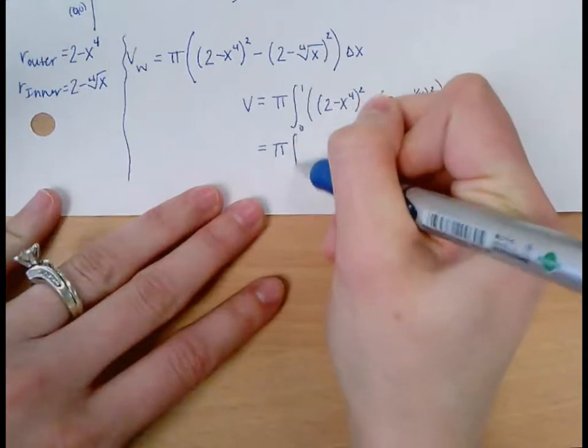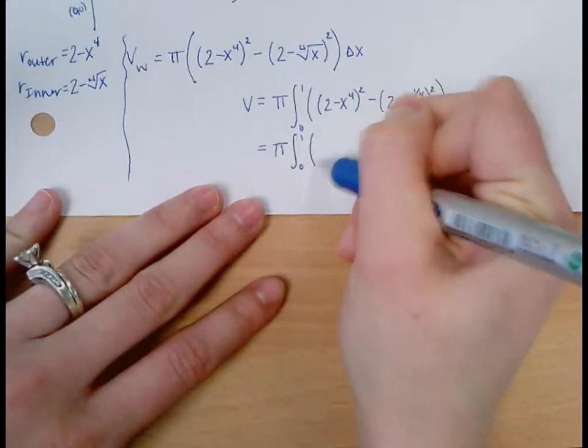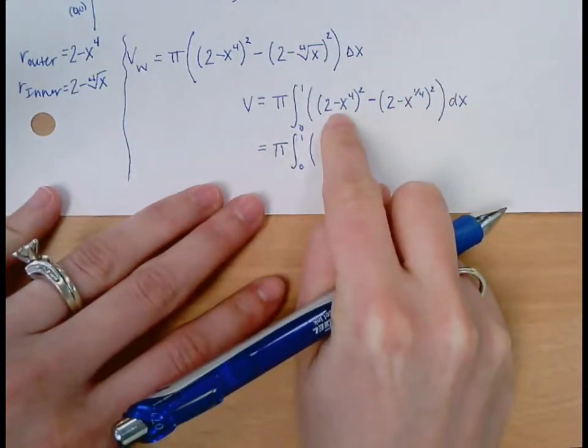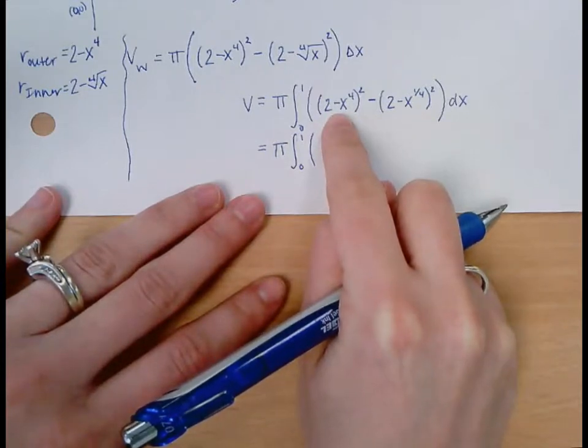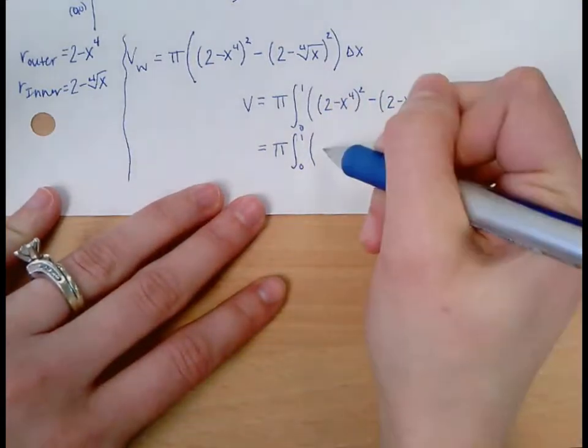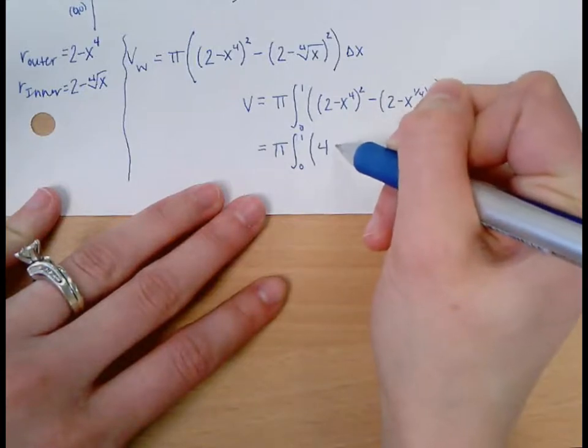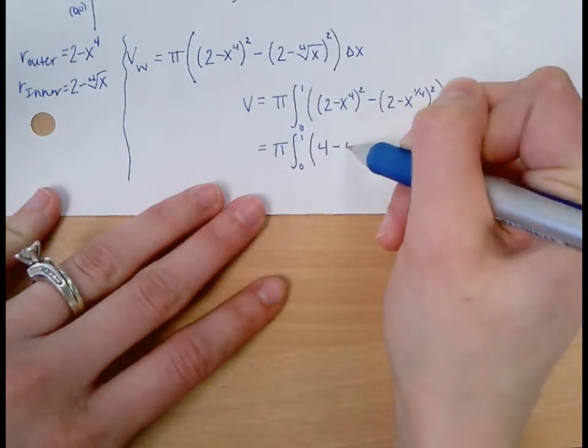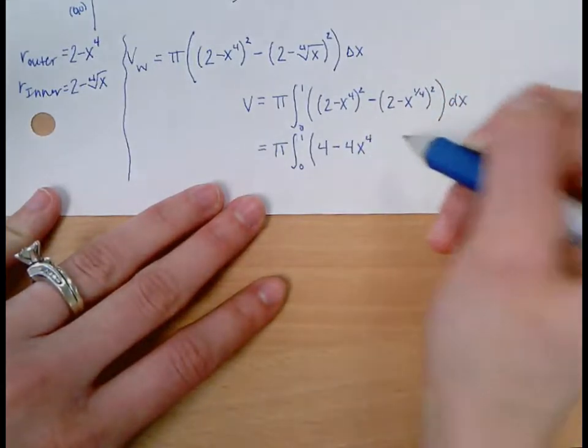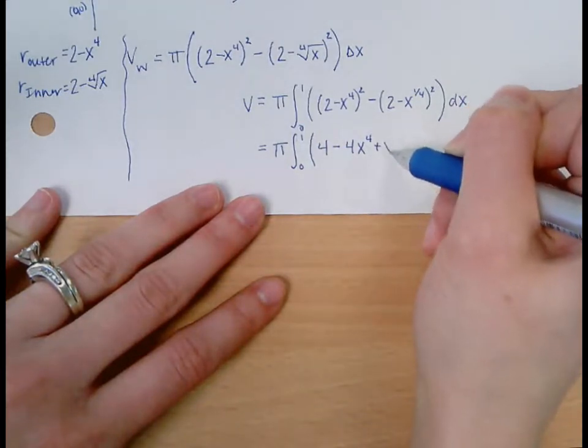So we have pi times the integral from 0 to 1 of, if I FOIL 2 minus x to the 4th times itself, I would have 4 minus 4x to the 4th plus x to the 8th.